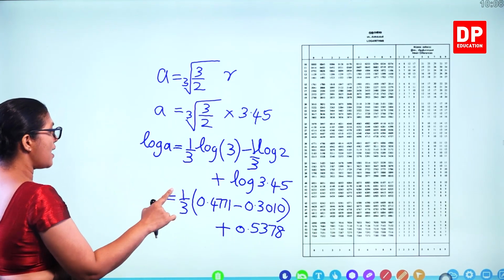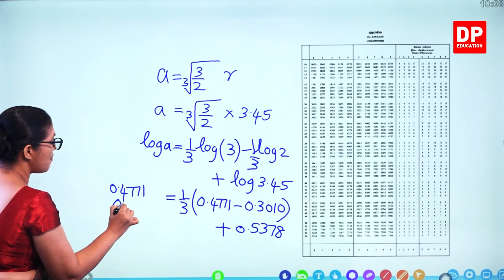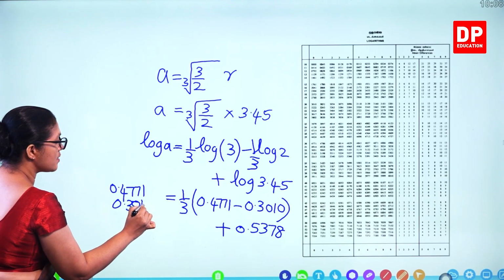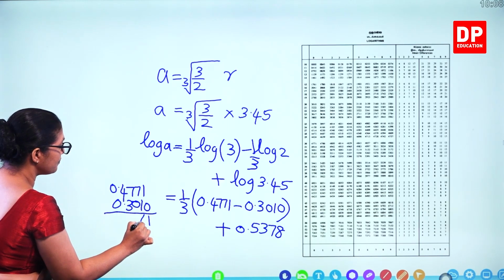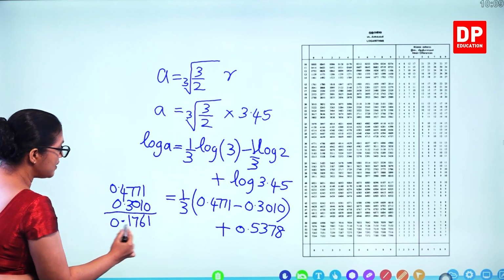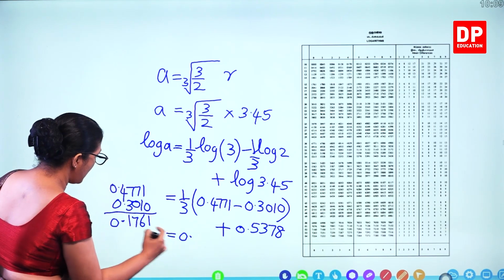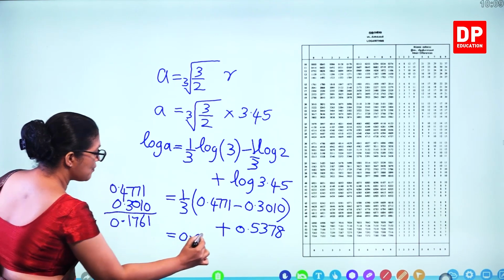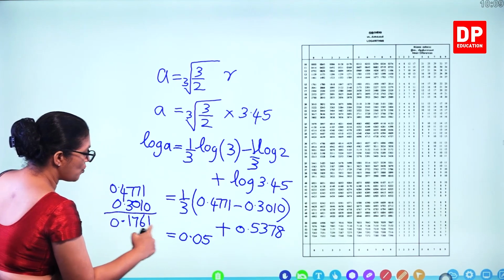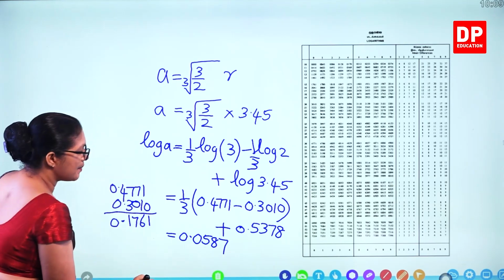Now we can subtract first. 4771 subtract 3010 and divide this by 3. So when you divide this by 3 you get 0.0587.